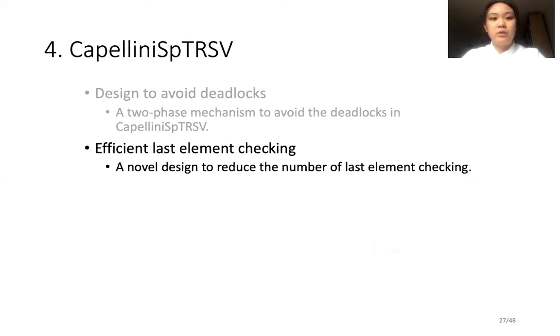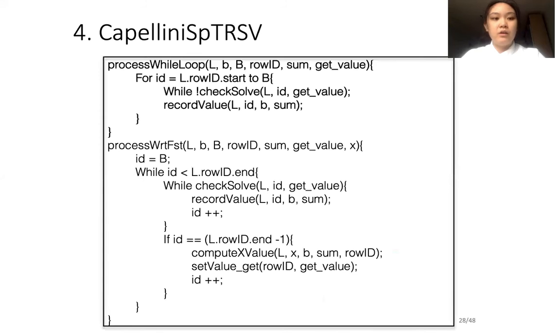Second, we propose a novel design to reduce the number of last element checking. First, I will introduce the two functions marked in red before. In the first phase, the elements without interdependency can be processed directly and do not cause deadlock problems. So, we use a traditional busy waiting strategy to compute the elements, which is shown in the function process while loop.